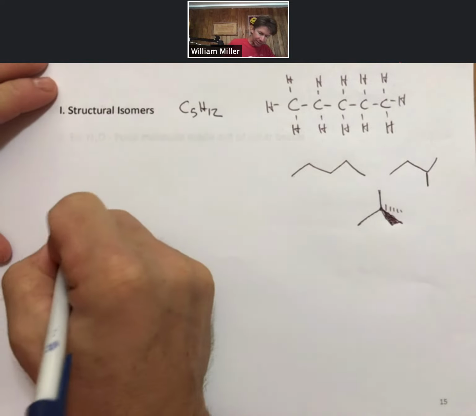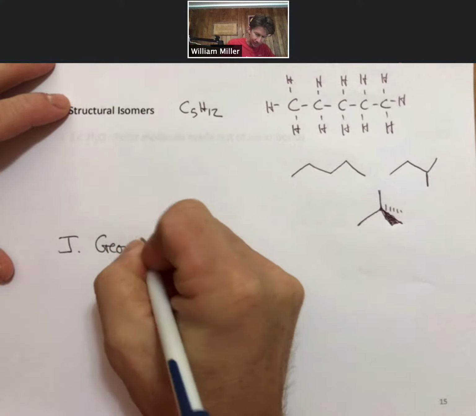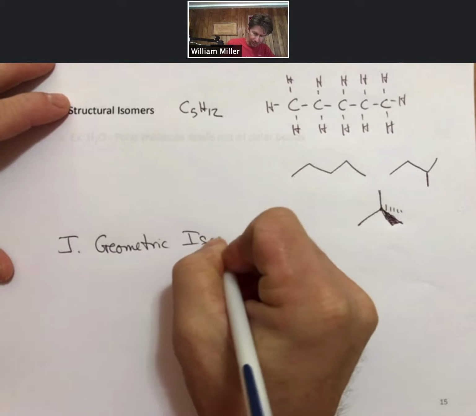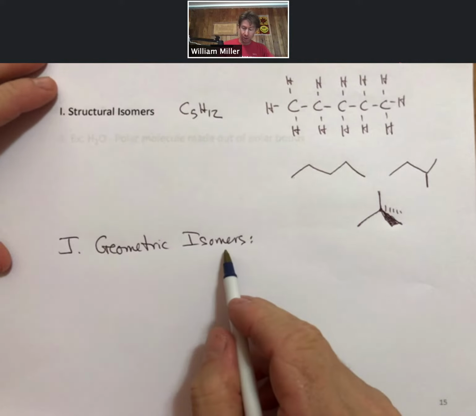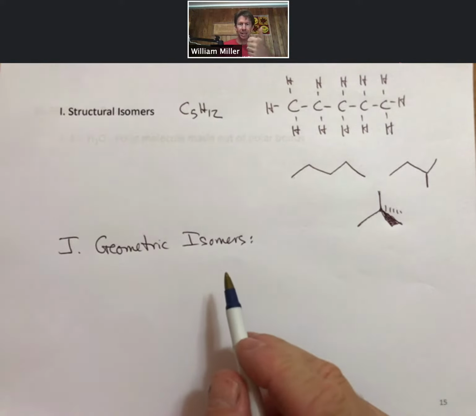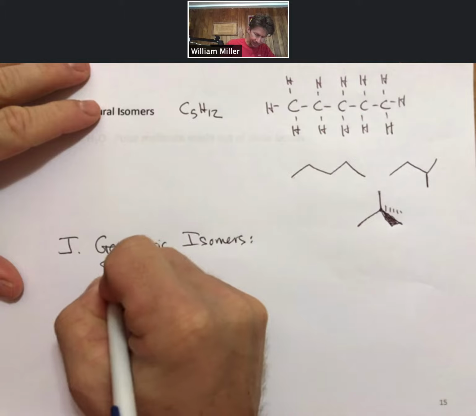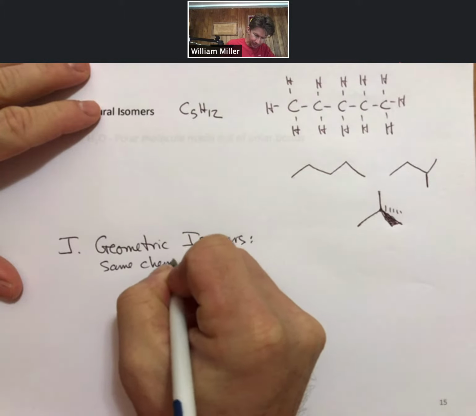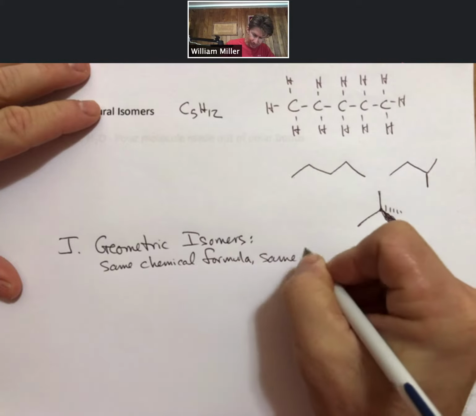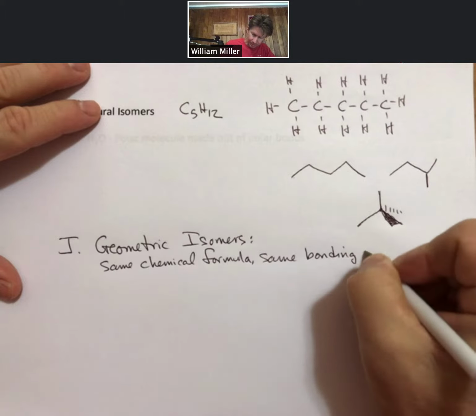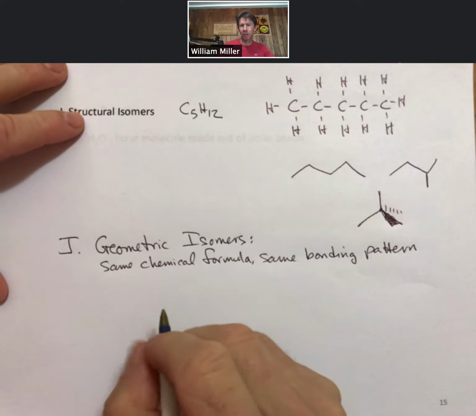And let's go ahead and talk about something called geometric isomers. So geometric isomers are a form of isomers that have the same chemical formula, same bonding pattern, but different spatial arrangement of the atoms.